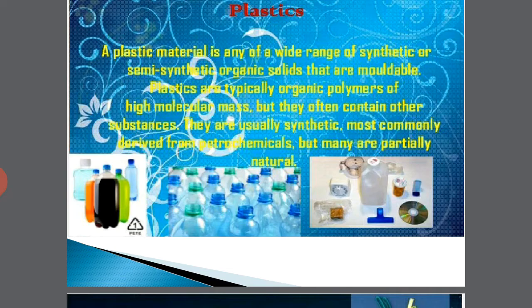Plastics are typically organic polymers of high molecular mass, but they often contain other substances. They are usually synthetic, most commonly derived from the chemicals. Okay, but many are partially natural also.